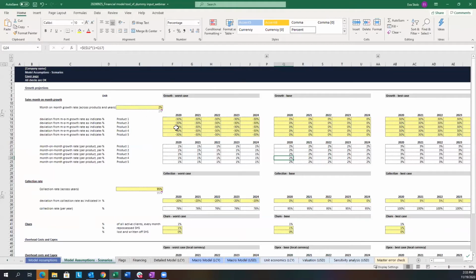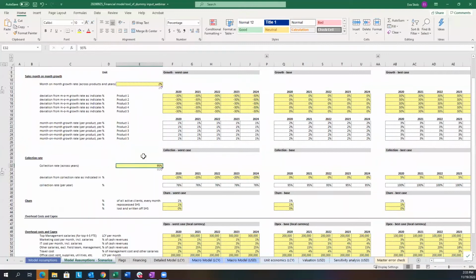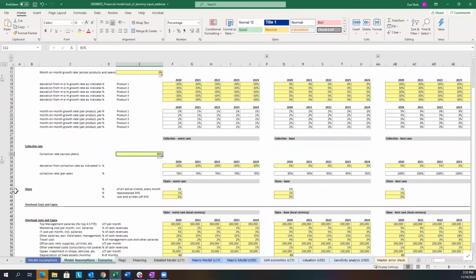In this case, we have indicated the same deviation. So you will have 1.4% for each product each year. Then same for collection rate, you can indicate it here. And then for the different scenarios, you can indicate the deviation from that. And then you can indicate the churn rate for the different scenarios.